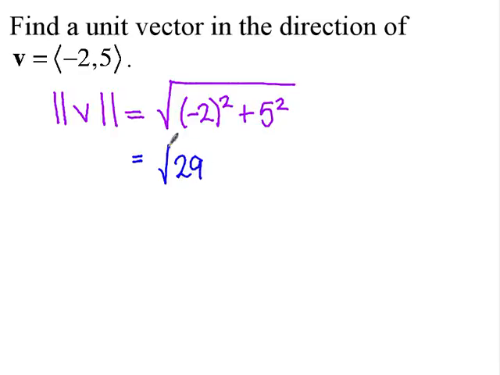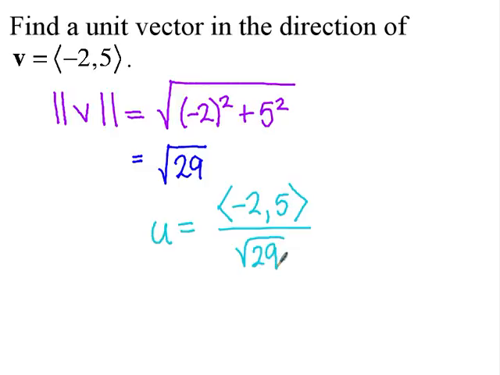So now it says find a unit vector. To find a unit vector, it was defined as vector v, negative 2, 5, over root 29. Can't leave it like that, you're right. So the first part I'm going to get is negative 2 over root 29, and my next answer is going to be 5 over root 29. All I did is divide each of the individual components by root 29.